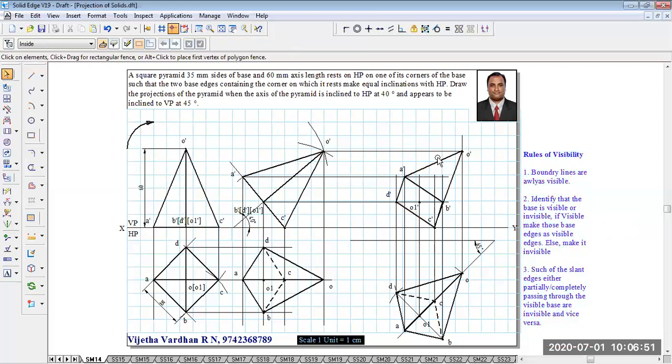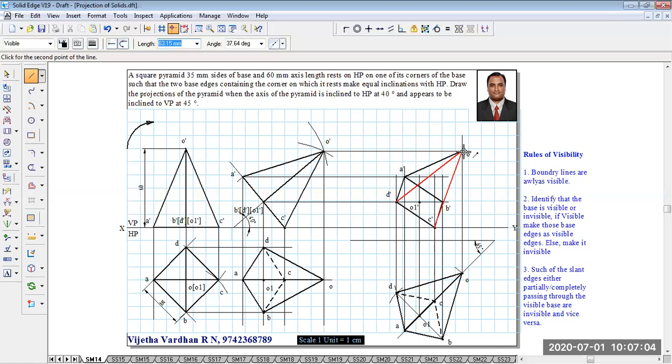OA and OC form the boundary, and the remaining two slant edges are OD and OB. If I connect OD, you can see it is partially passing inside the visible base, hence this must be an invisible edge. Vice versa, the line passing outside the visible base must be visible, that is, O dash B dash is visible.